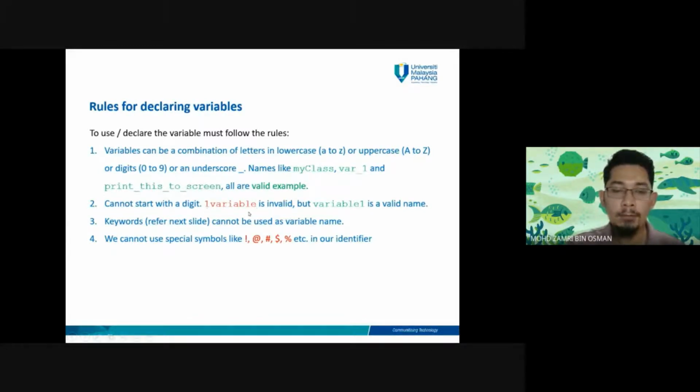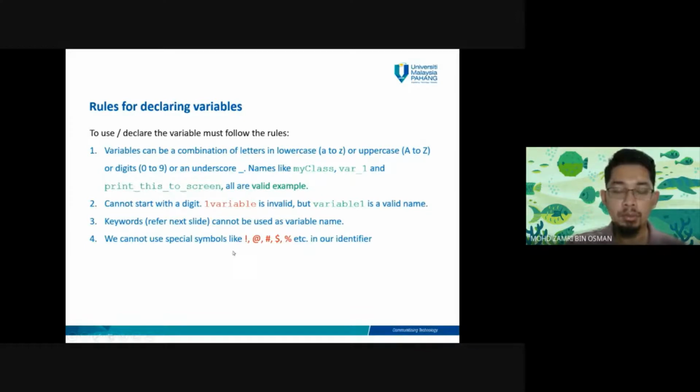Let's say 1variable is not valid because we put a numerical value in front of the variable name. But a valid variable name is like this one, if you put 1 at the end or in between after the text of the variable name, like variable1. So this is a valid one.